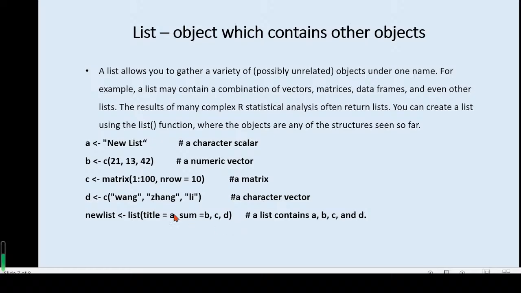Inside, we assign A to an element called title, then we assign B to an element called sum. So title is a scalar, and sum is a vector for B, and C and D are also put in the list.